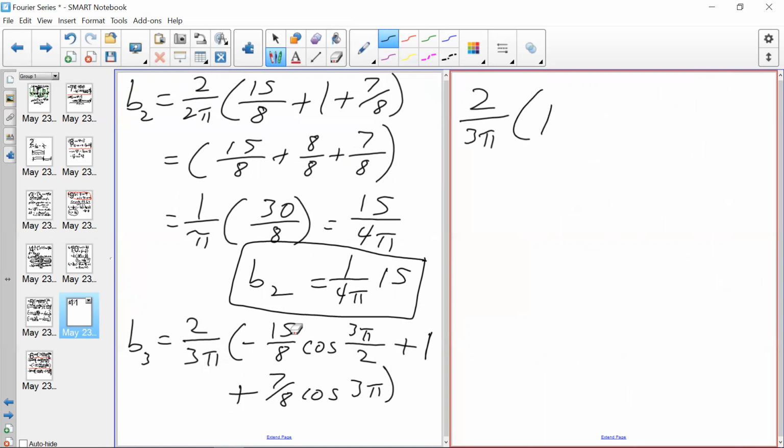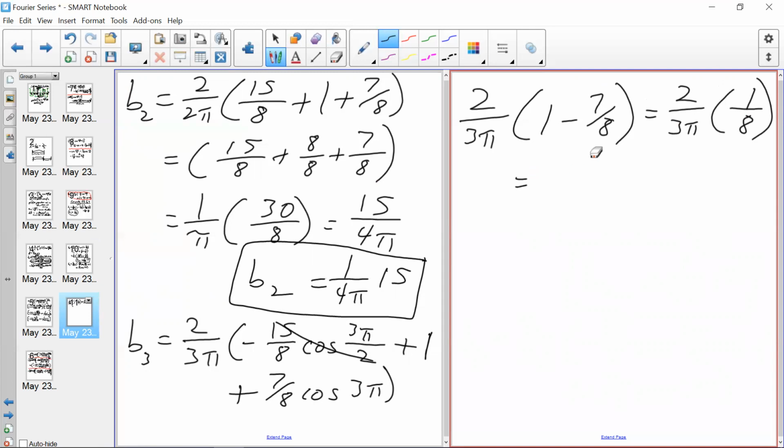Again, this goes to 0 because cosine of 3 pi over 2 is 0. So this is 1 minus 7/8, because odd multiples of just pi is going to be a negative 1. So 1 minus 7/8 becomes 2 over 3 pi times 1/8.